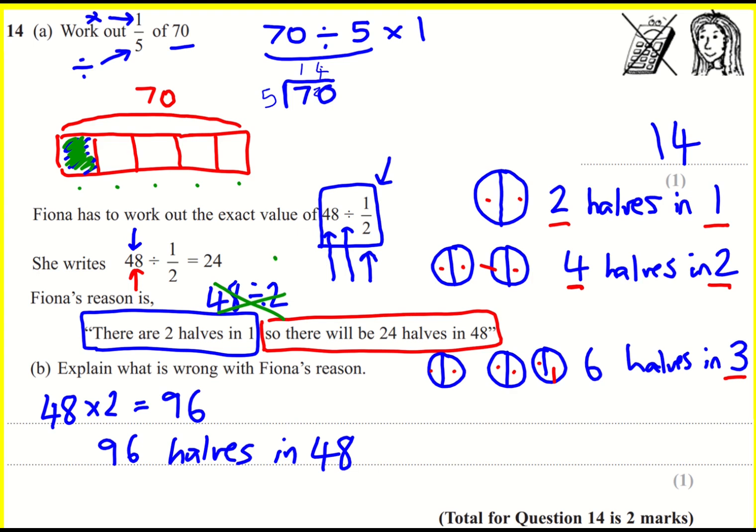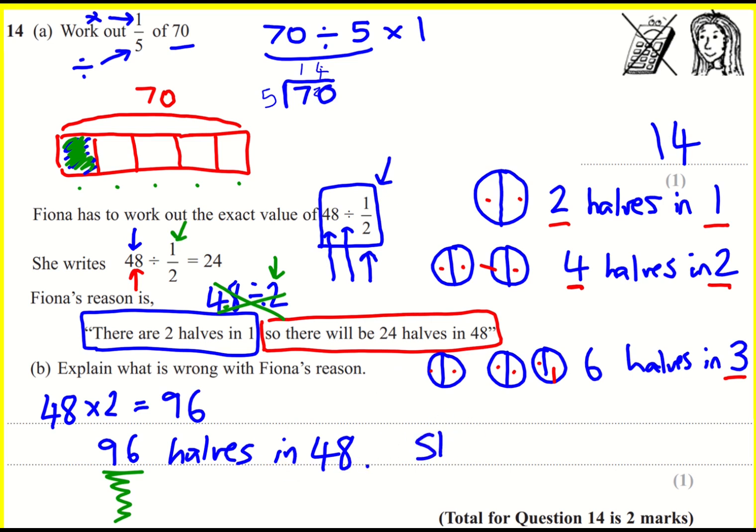This is saying how many twos are in 48, of which there are 24, but this question is saying how many halves are in 48, of which there are 96. So what is wrong is that there are 96 halves in 48.